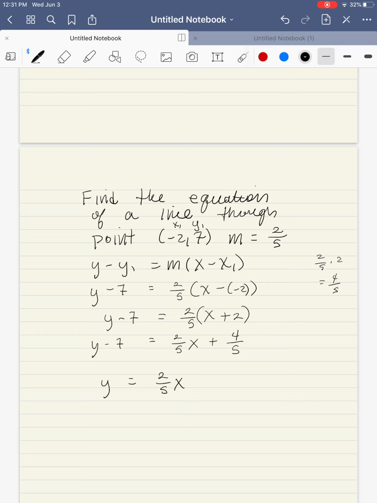And then I add my 7 to both sides. So I have 4/5 plus 7, and remember I need to get the same denominator. So I have 4/5 plus 35/5, and 4 plus 35 is 39/5.